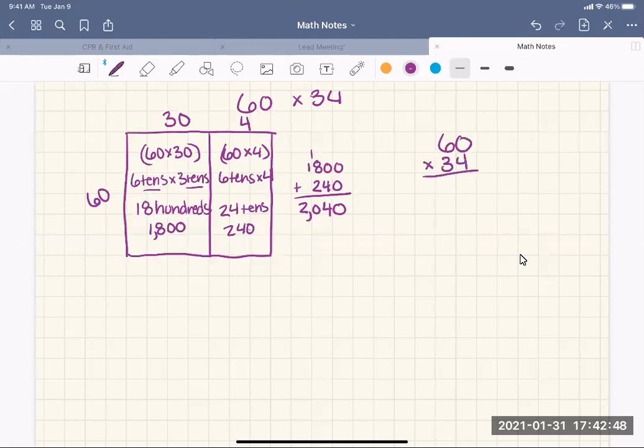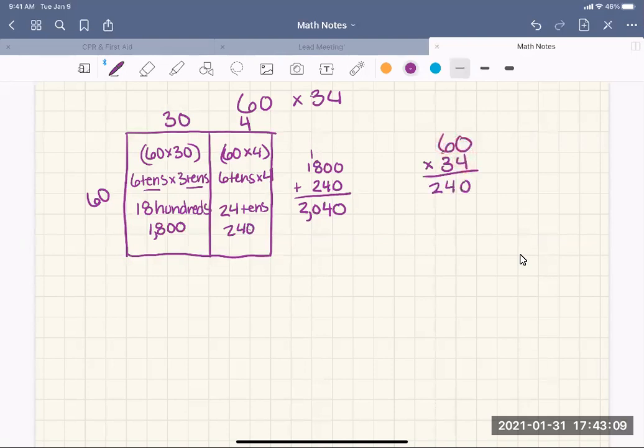So here we're doing 60 times 4. So we're going to do 60 times 4 first, which we got 240.